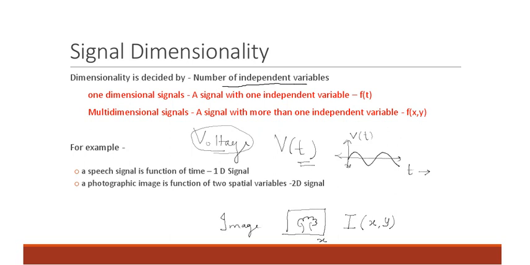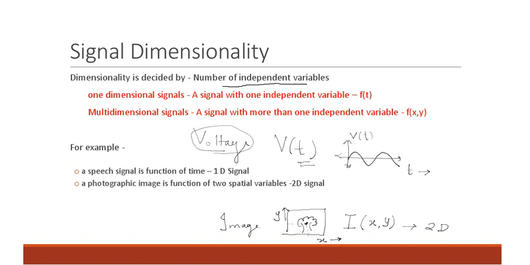So x is the horizontal axis, y represents the vertical axis, and any point of the image is to be represented with the two variables x and y. So what x and y indicate is that the brightness of the pixel of the image is given by the variables x and y. So I need two variables in this case to define the signal to represent the image, and hence image becomes a two-dimensional signal.